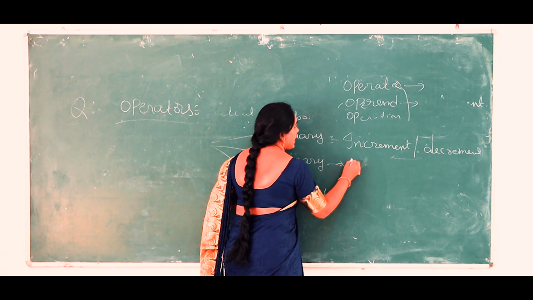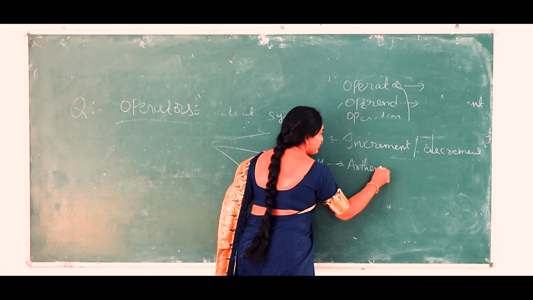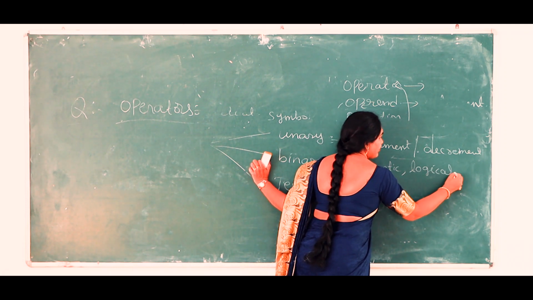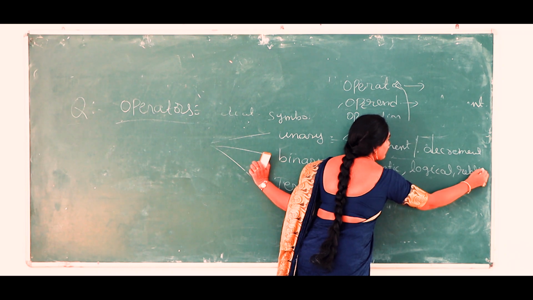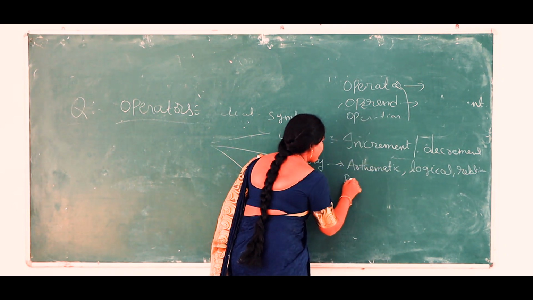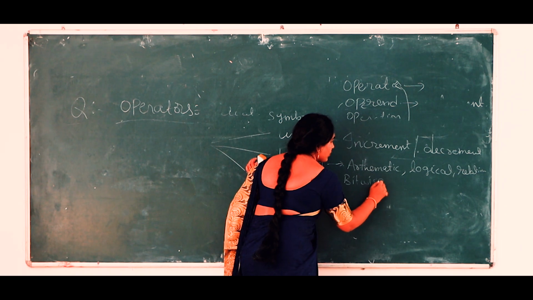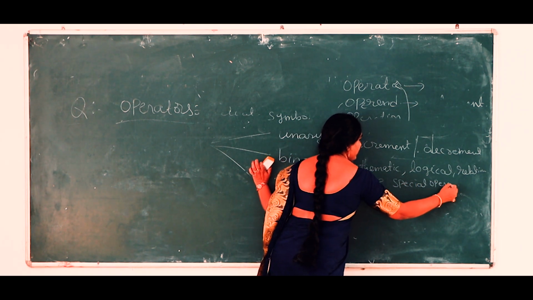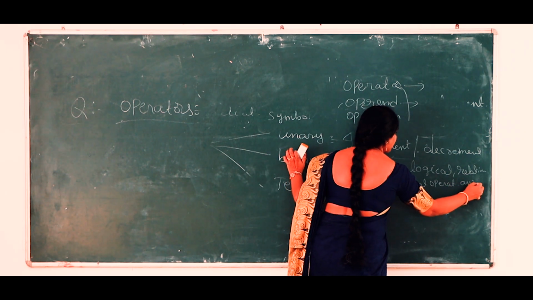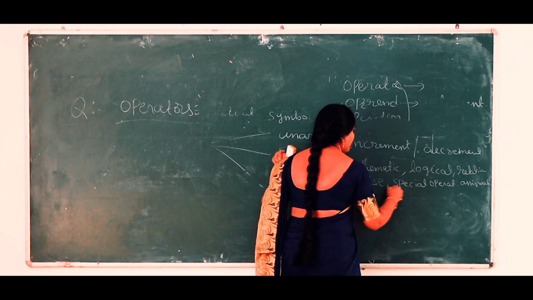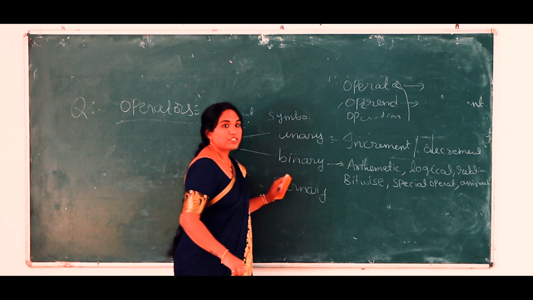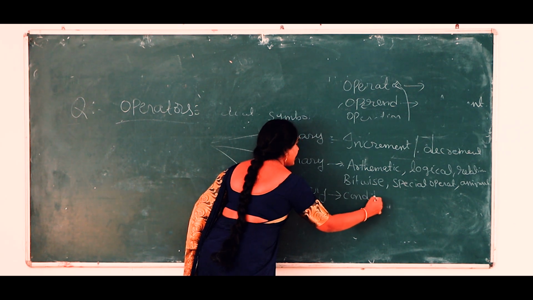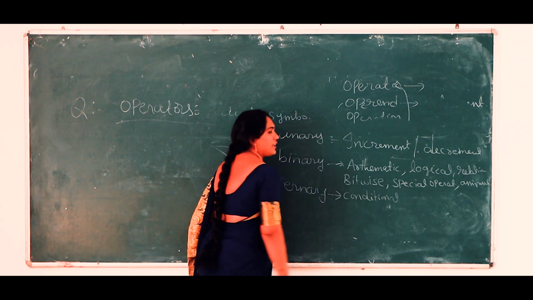And binary operators are arithmetic, logical, relational, bitwise, special operators, assignment operator. And then the next one, the ternary operator. We have only one ternary operator, that is the conditional operator.